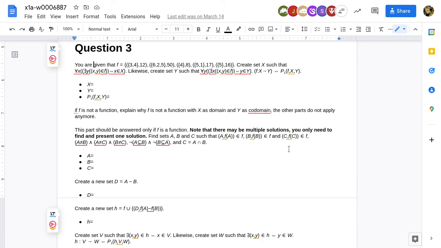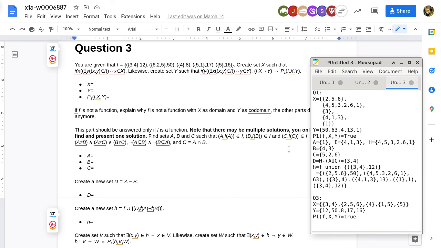So what do you want A, B, and C to be? We want them to be different, but we want C to be the intersection of A and B. So you look at all the items in set X. You look at each element, which is by itself a set, and you ask, is one of these the intersection of two of the others? So what do you think?